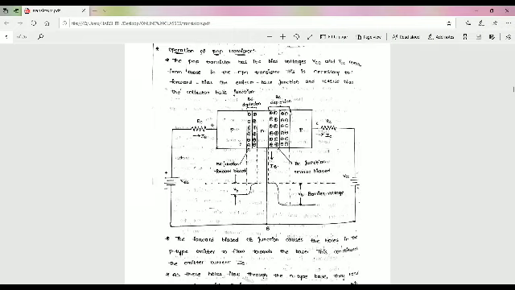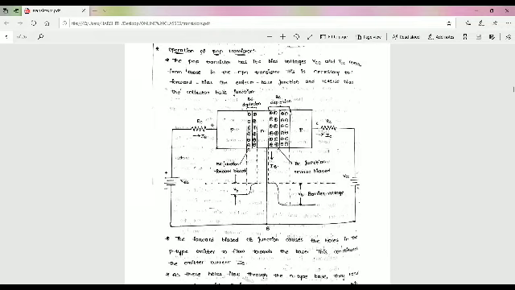As these holes flow through the N-type base, they tend to combine with the electrons in the N region. As the base is very thin and lightly doped, very few of the holes injected into the base from the emitter recombine with the electrons to constitute the base current IB.